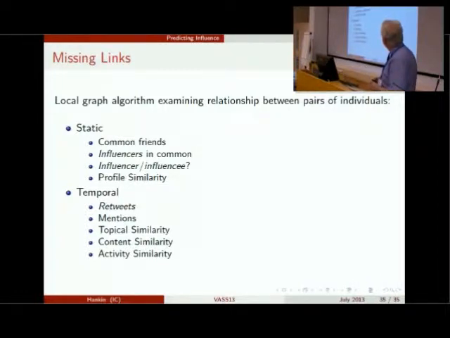If there are influencers for those people who are in common, then why aren't those people linked? Maybe influencer and influencee relationships. But there are also some temporal features that we want to pick up on in terms of spotting missing links, which is about these kinds of homophily-type measures that appear at the bottom there.